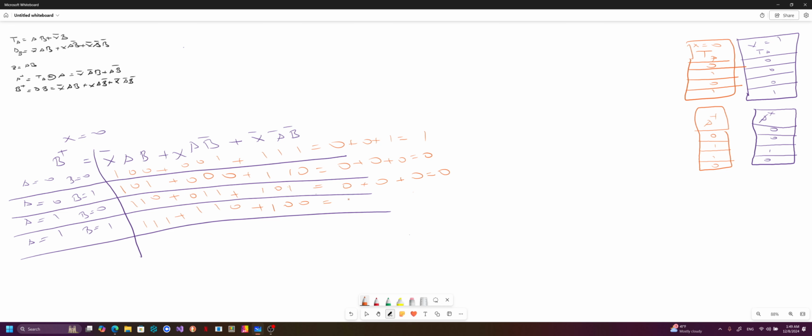Right, this will be 1 plus 0 plus 0 equals to 1. So b plus when x equals to 0, have the table here. Right? So it's going to be 1, 0, 0, 1.